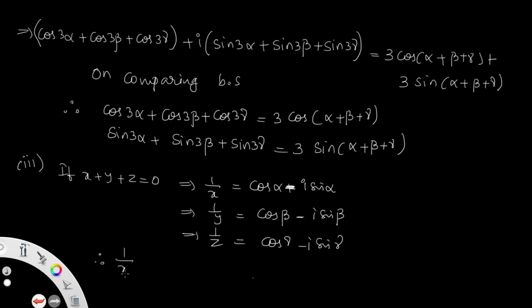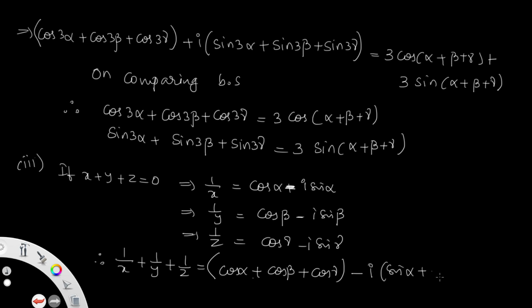Therefore 1 by x plus 1 by y plus 1 by z, as in the previous problem where we did the same thing, is cos alpha plus cos beta plus cos gamma as real parts, minus i into sin alpha plus sin beta plus sin gamma.